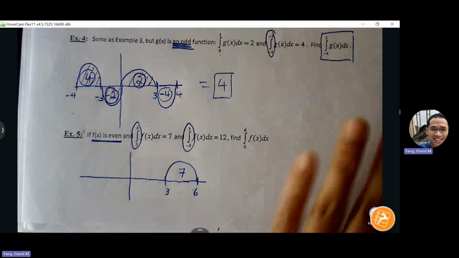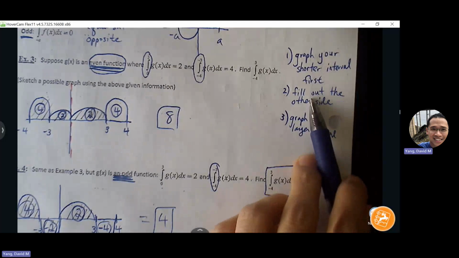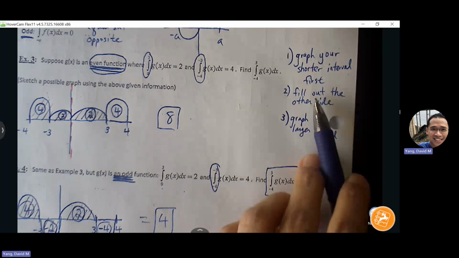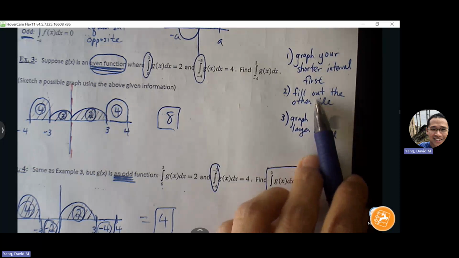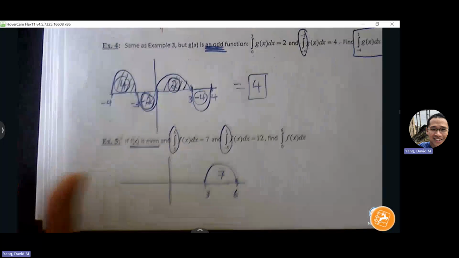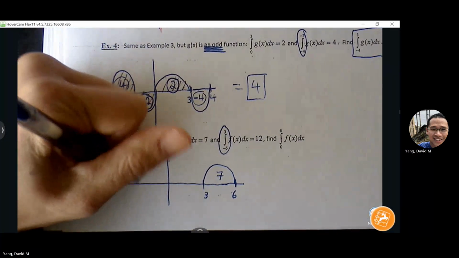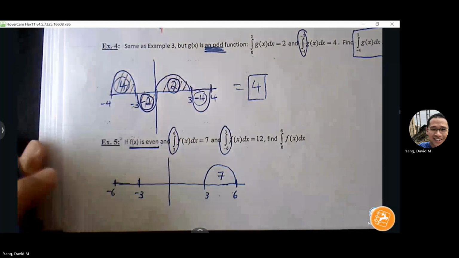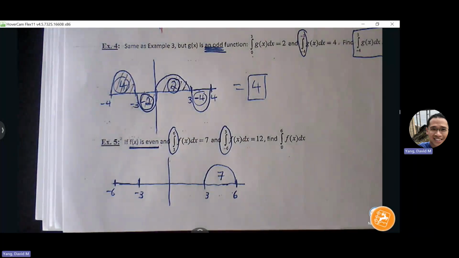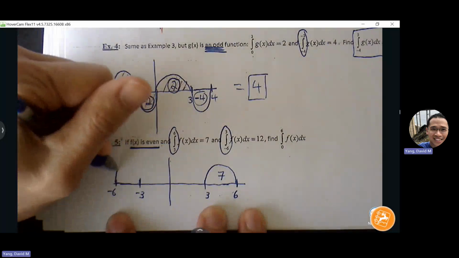All right, what's next? Yeah, fill out the other side. Do not do the larger interval until you get that other side filled out, okay? Good, so from -6 to -3, what can we say? Also 7.